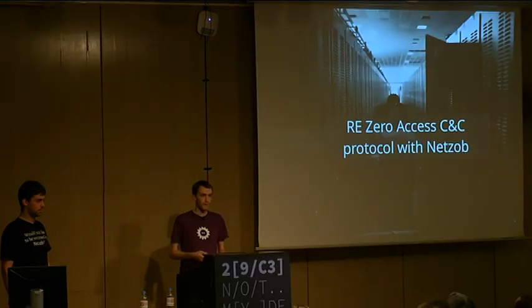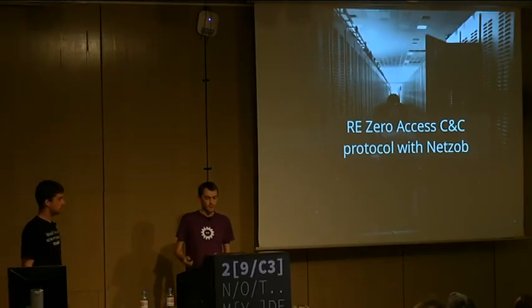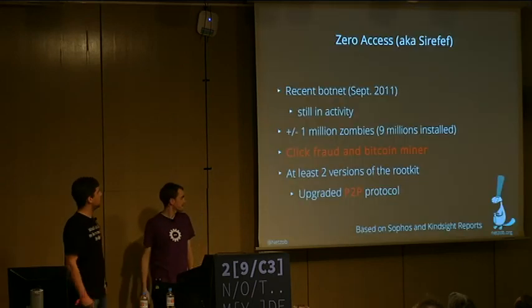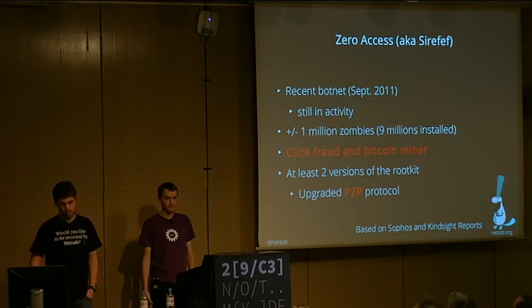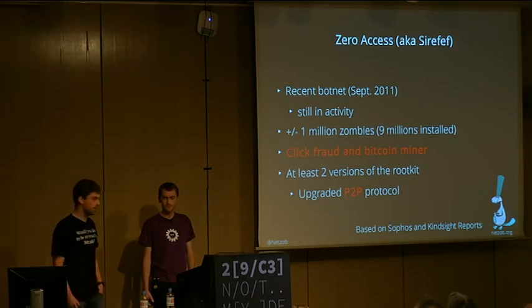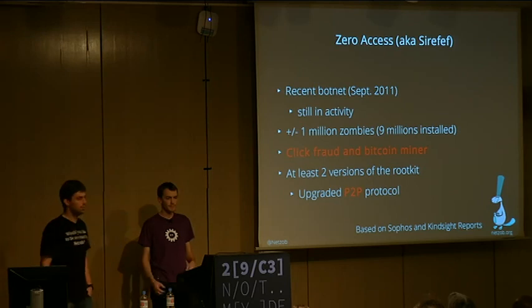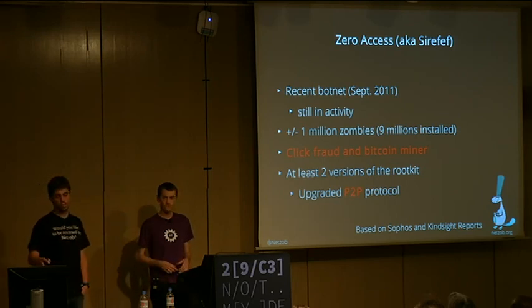Now we will see how to use NetZob to reverse engineer the ZeroAccess command and control channel. ZeroAccess is a well-known botnet, still in activity. I think it was discovered around September of last year.